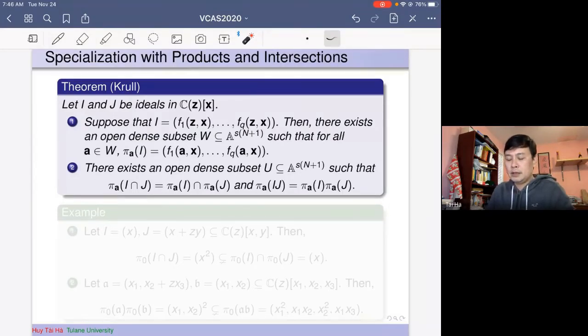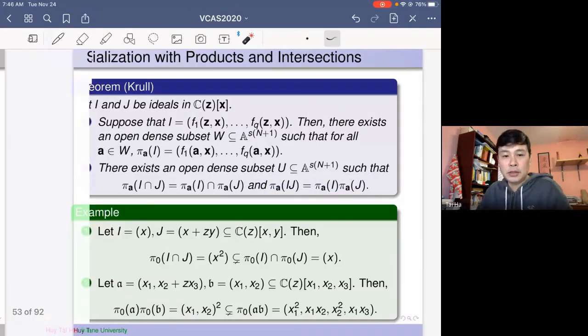Krull also proves that if you start with two ideals, then there exists an open dense subset U such that for every A in U, specializing the intersection is the same as taking the intersection of the specializations, and specializing the product is the same as taking the product of the specializations.